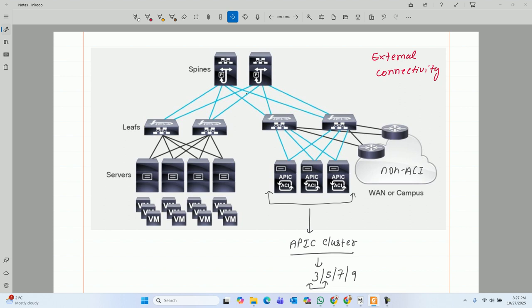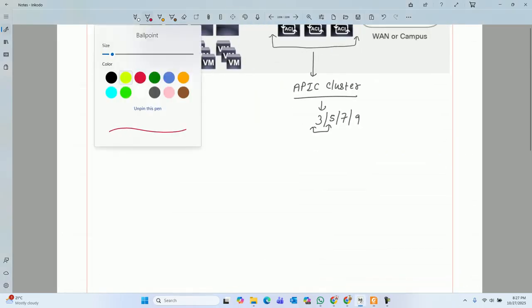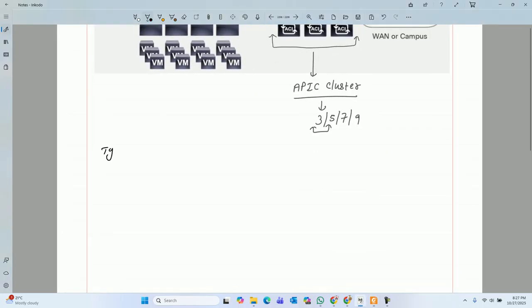So you have border leaf, you have service leaf, you have transit leaf, you also have storage leaf. These are types of leaf switches, where the switch is identical, but it is differentiated on the basis of where the leaf is connected, or what kind of connectivity it is providing.